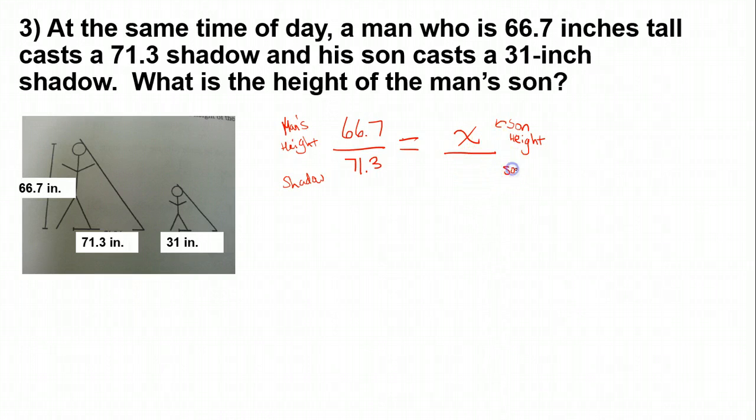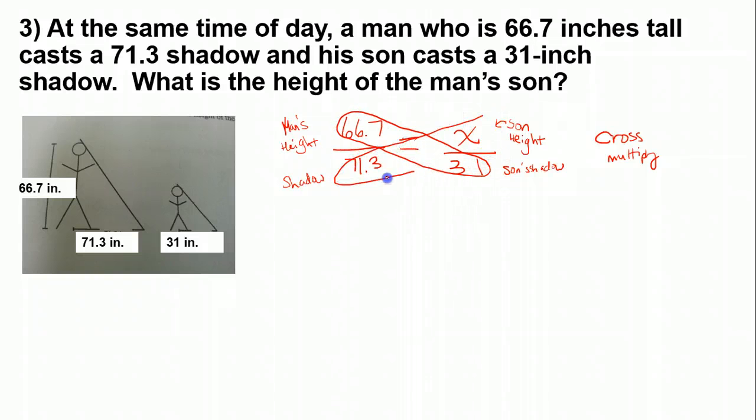And then the son's shadow length is 31 inches. Okay, so we've set up our proportion, height over shadow length, and what we're going to do is we're going to cross multiply. Not across like across, across like across. You'll multiply those two and you'll multiply these two.